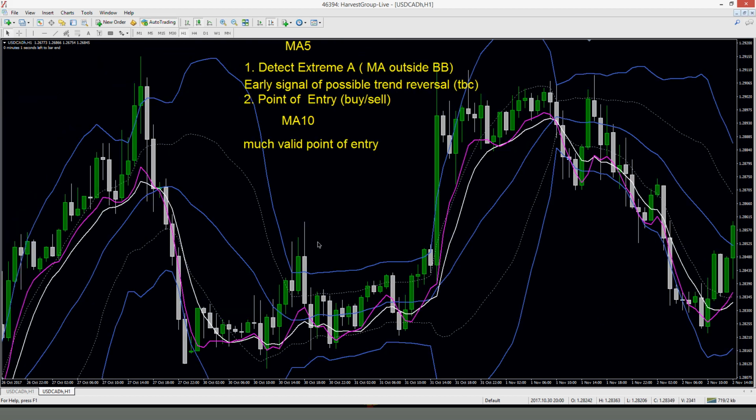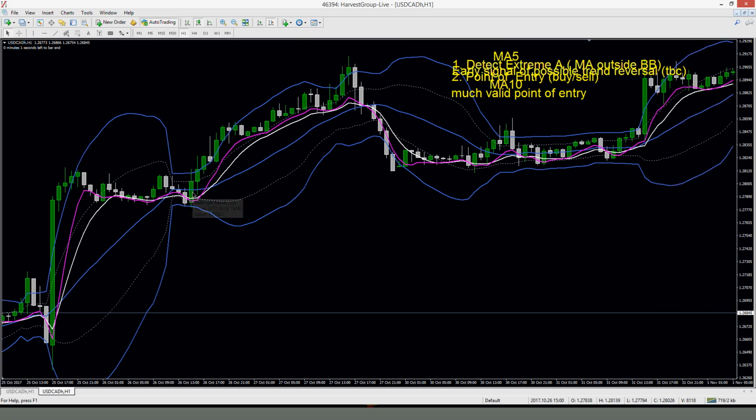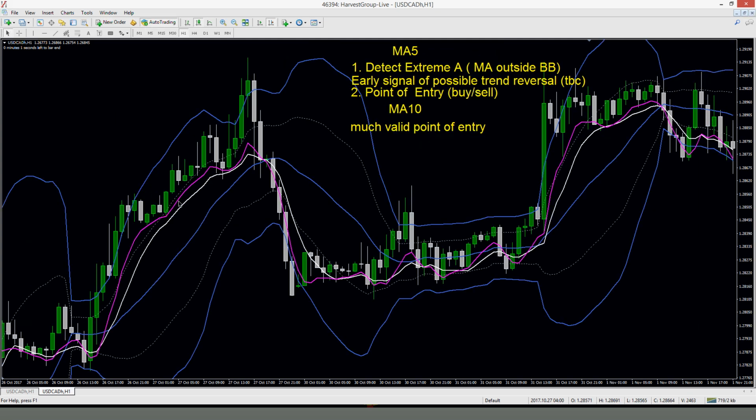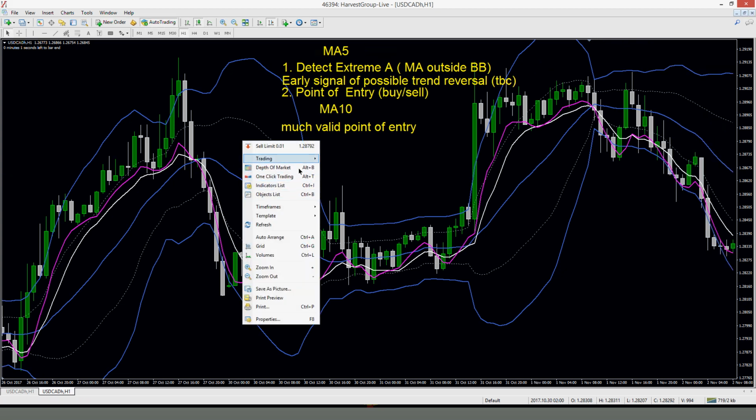So there are crossover modes that you can see here. Whenever MA5 is on the top and MA10 is at the bottom, this is a buy mode, so the price is going to go up. As soon as there is a crossover, 5 at the bottom and 10 on the top, then this is sell mode. So you need to understand these two things.